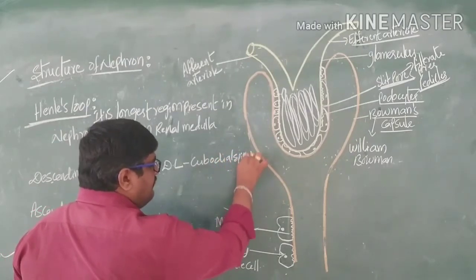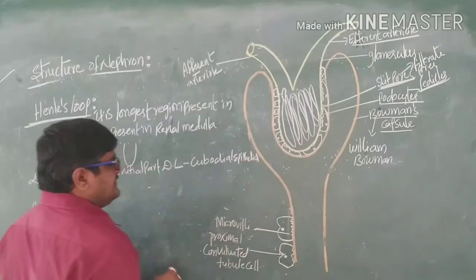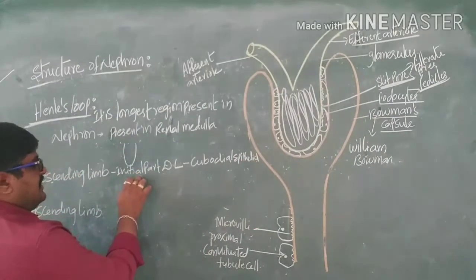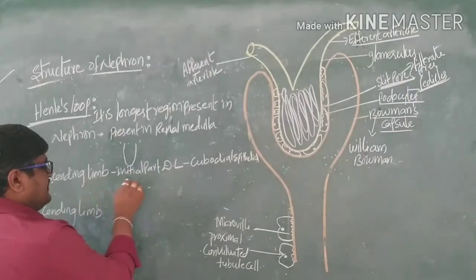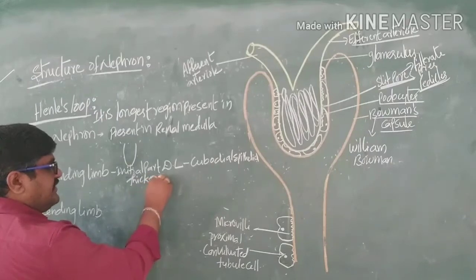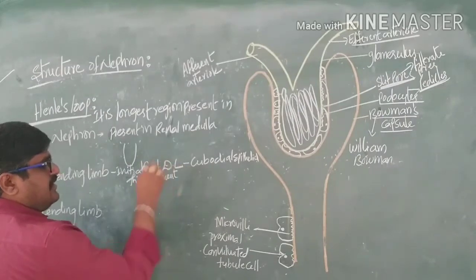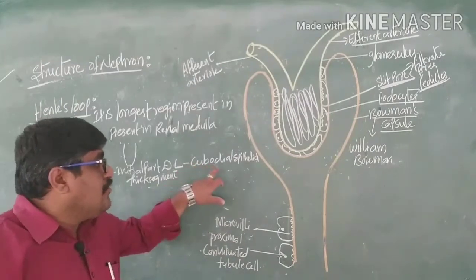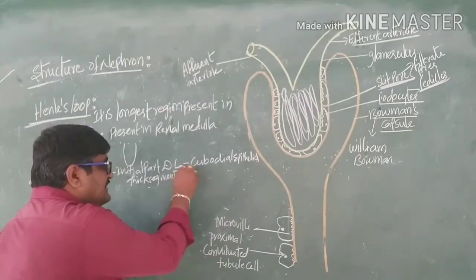This initial part of the descending limb is a thick segment, made up of cuboidal epithelial cells.